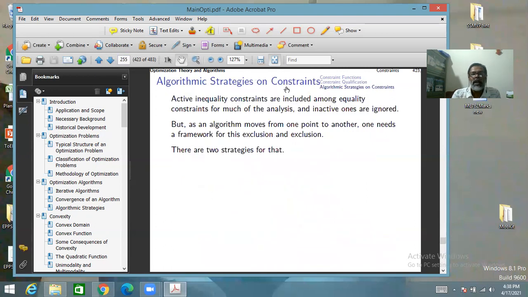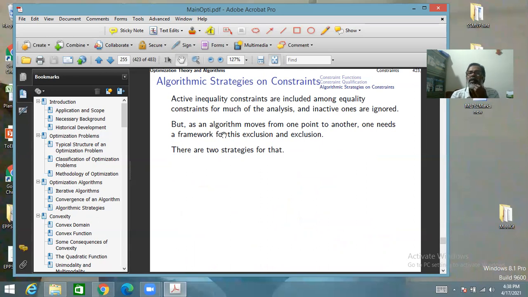Now, inequality constraints require some arrangement to handle them, because as you consider different points in your discussion, at some point someone is active, at some other point someone else is active. The combination of constraints which are active keeps on changing from one point to another. So which ones to include in the equality constraint? That requires a bookkeeping of the active constraints.